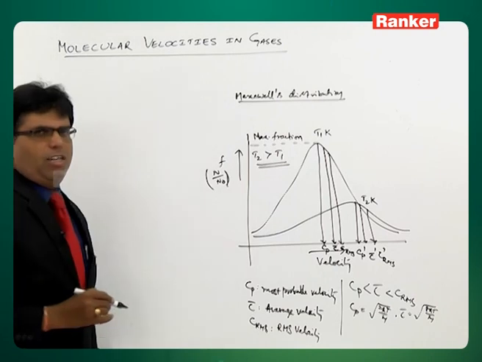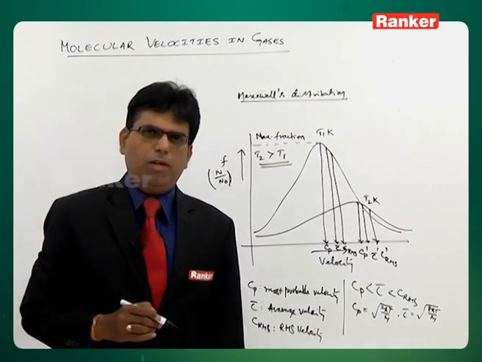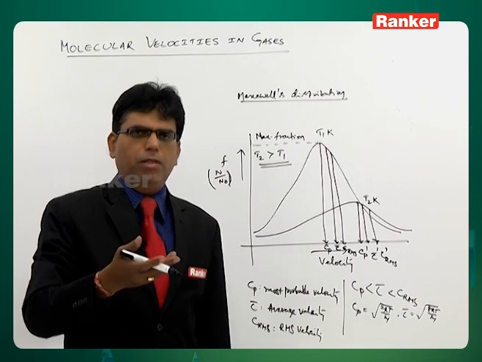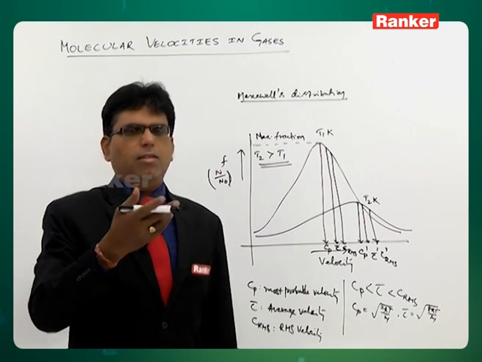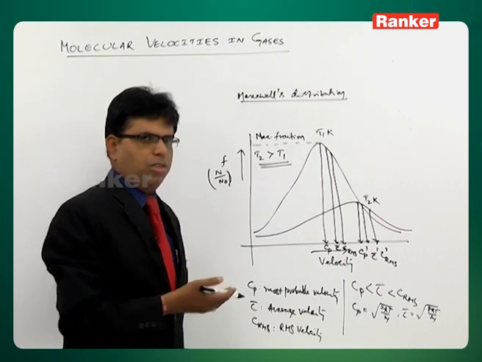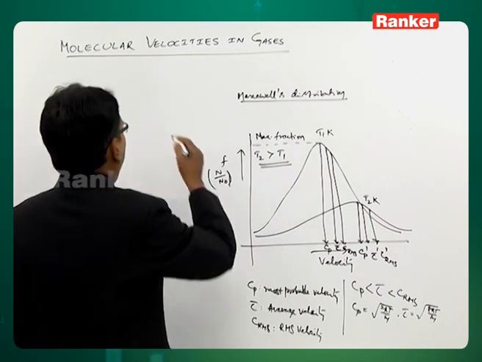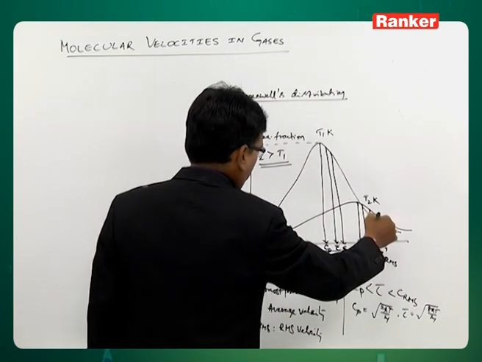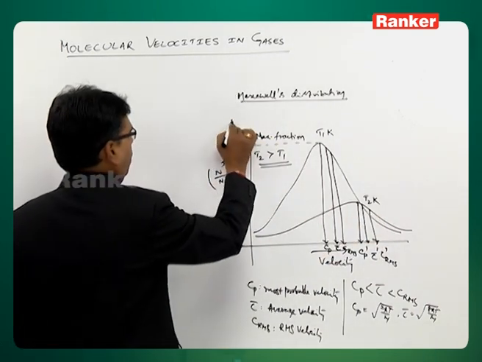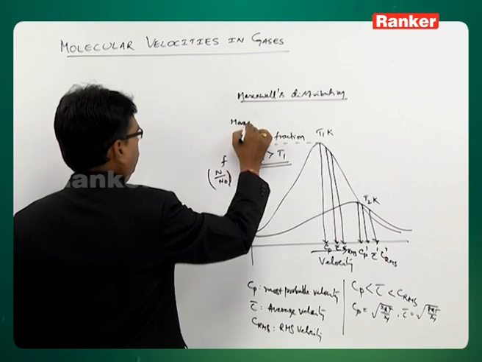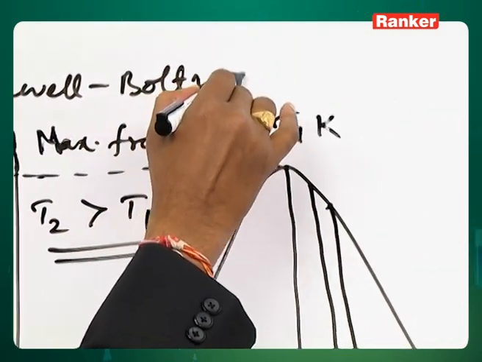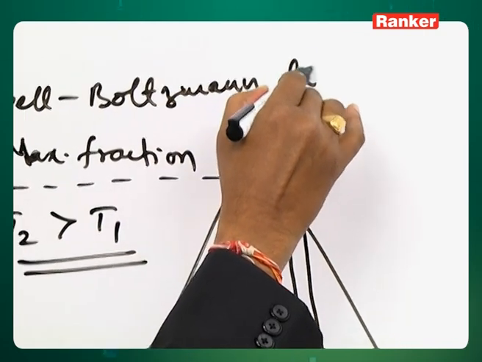According to the statistical distribution given by Maxwell, Boltzmann, these are the scientists that studied the statistical distribution. So, in fact we call them Maxwell-Boltzmann distribution curves. The curves we have drawn are also said to be Maxwell-Boltzmann distribution curves.